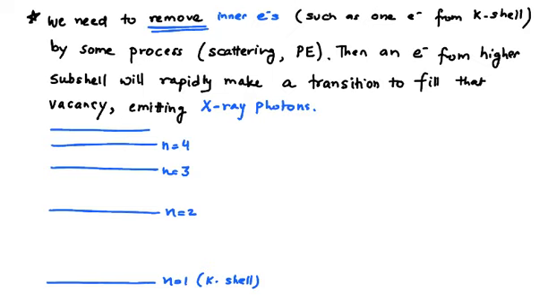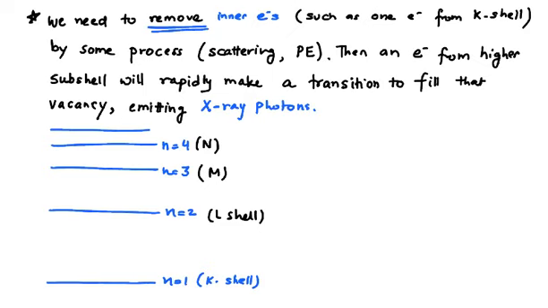For example, if the vacancy is in the K shell, K is the n equals 1 shell. We know that as the principal quantum number goes higher and higher, the energy level is increasing. So first is the K shell, then the L shell, and then the M, N shell, and so on.